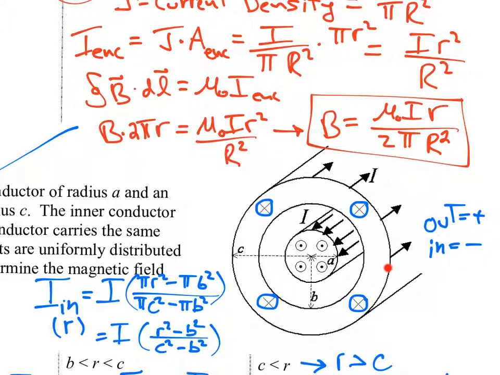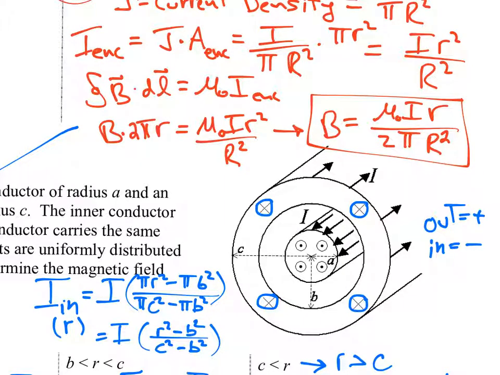So the amount of area that we're going to have is our radius, r, which would be somewhere between these two lines. So pi r squared tells us that area, and then we subtract away all of this area here in the middle, which is empty. And then the total area for this outside disk is pi times c squared, which is the outer circle, minus pi b squared, which is the inner circle. So what we have is our area divided by the total area of this outer washer kind of cross-section wire.